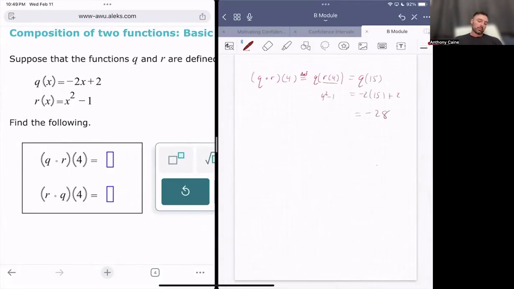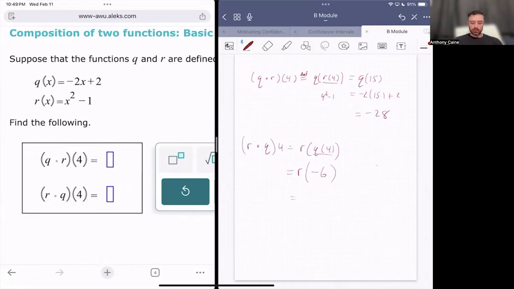Okay. So anyway, if we change the order, so if I have R after Q on 4, again, this is just R of Q of 4. So what's Q of 4? If I plug in 4 to, oh, did I do it the wrong way? No, I didn't. Okay. Q of 4 is minus 8 plus 2, which is minus 6.